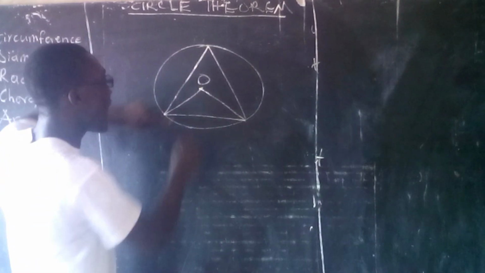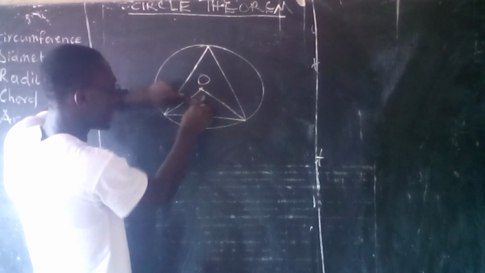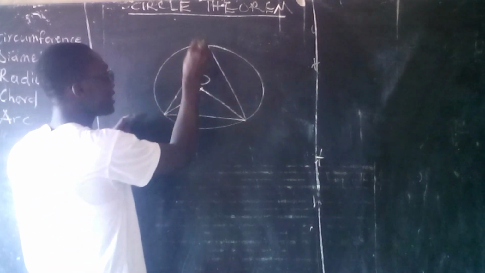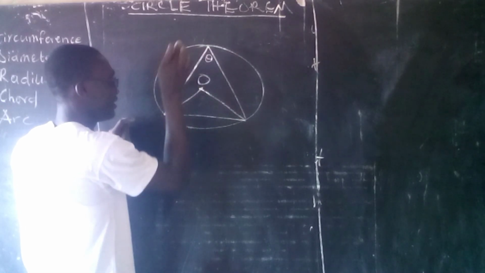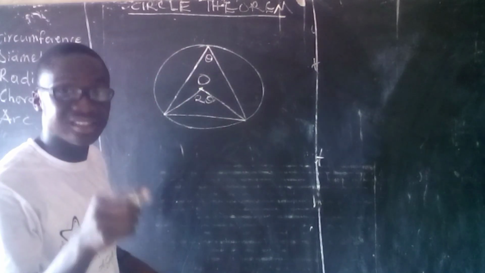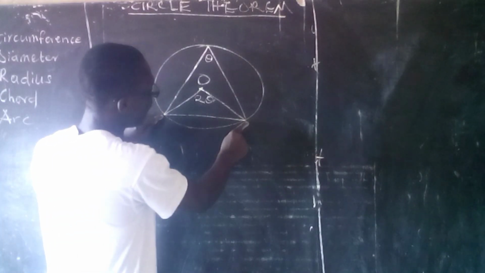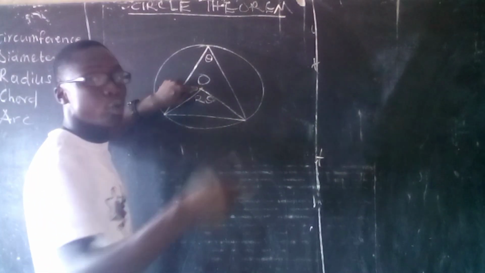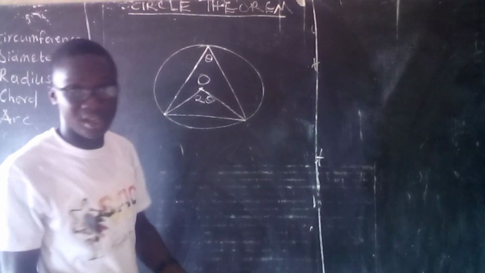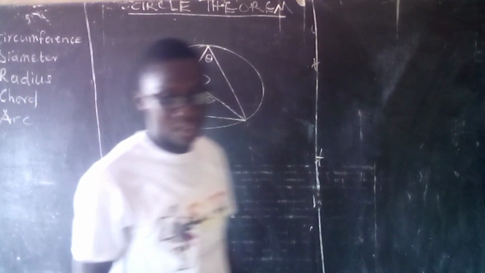So if the circumference angle is theta, then the center angle will become 2 theta, because the angle that it subtends at the center of the circle is twice the angle that it subtends at the circumference of the circle. Now let's continue.